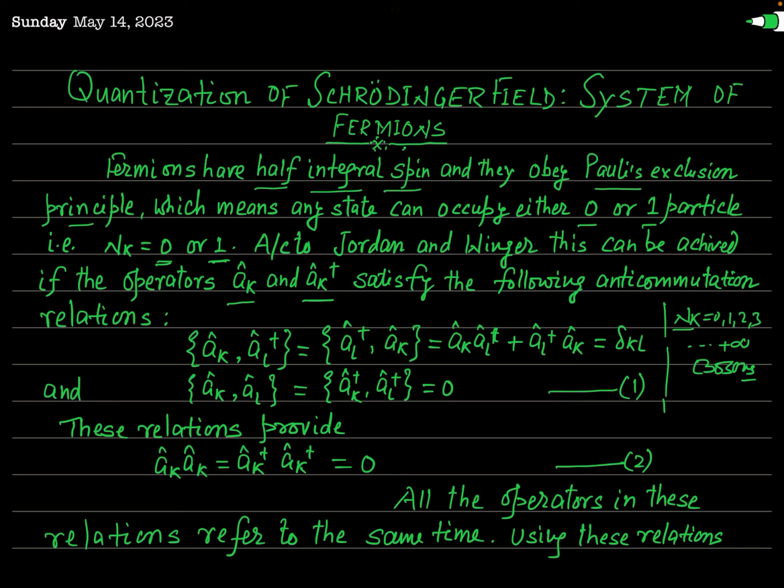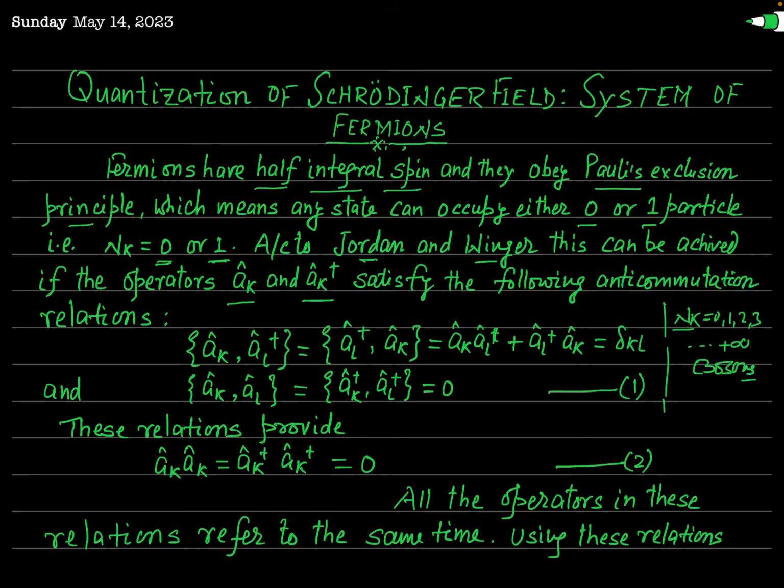These two operators were satisfying commutation relations in the case of bosons. But here, according to Jordan and Wigner, these two operators will satisfy not the commutation relation but the anti-commutation relation.